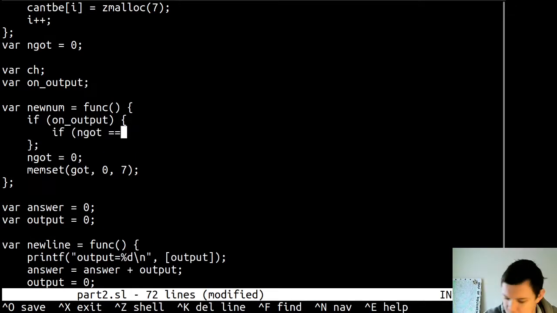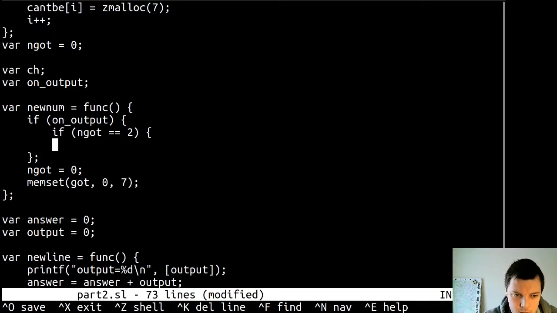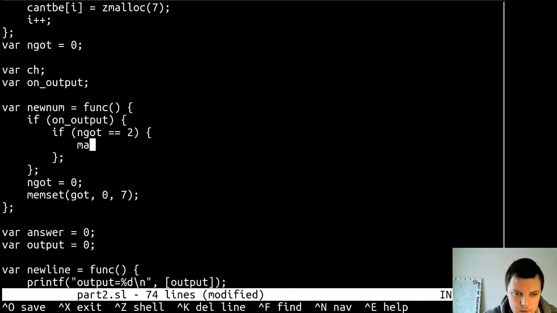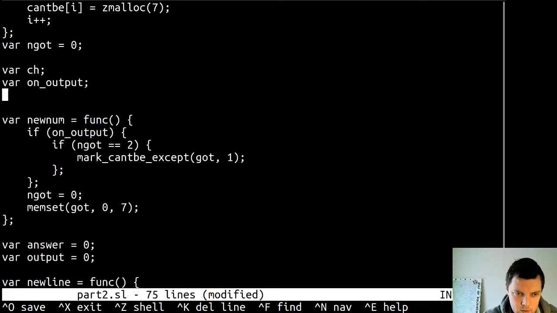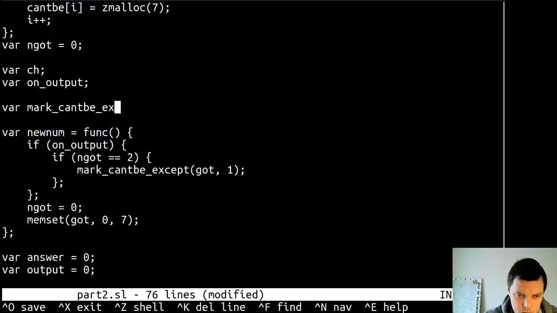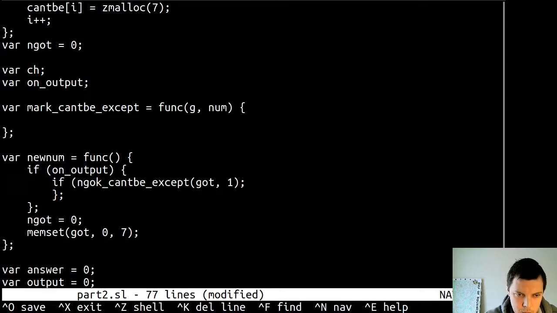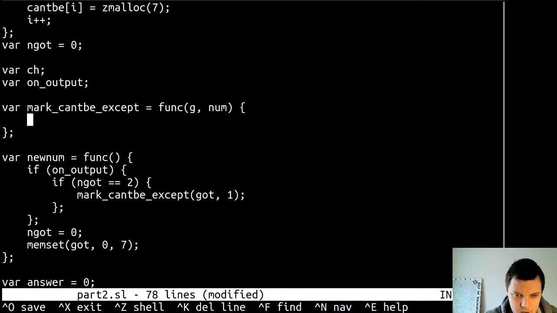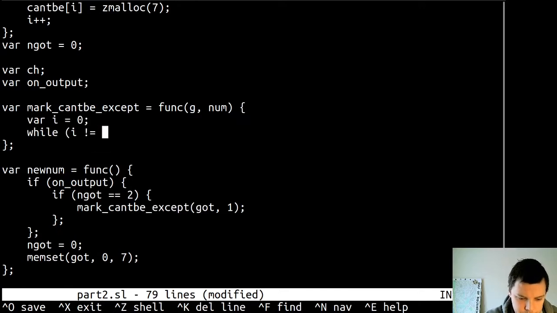So if the number we've got is 2, then every, so this function will mark can't be num except for the ones that are set in got.